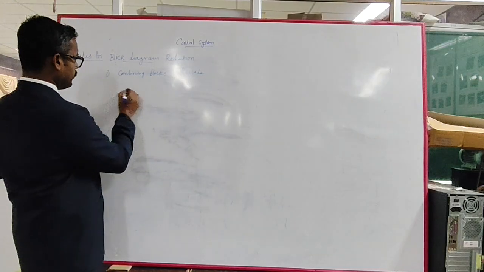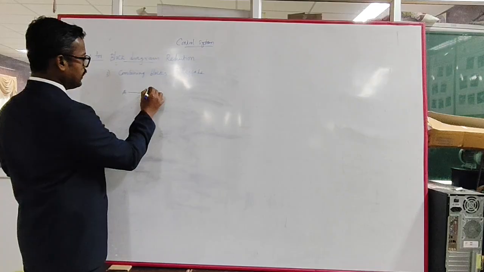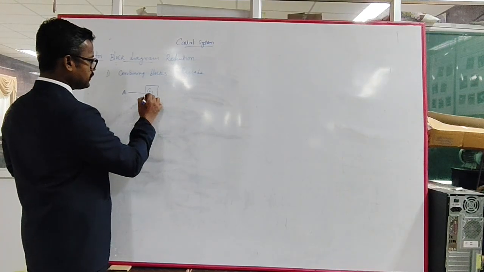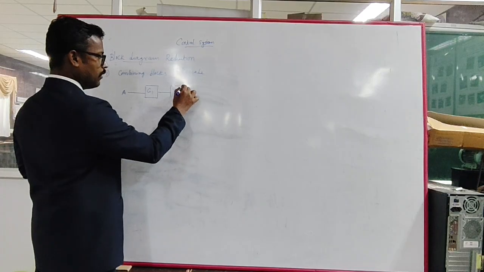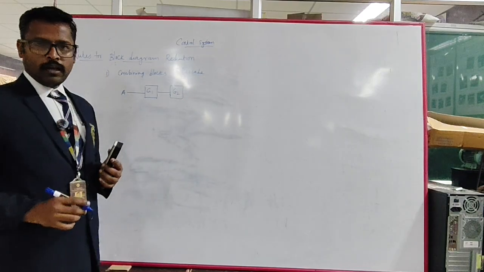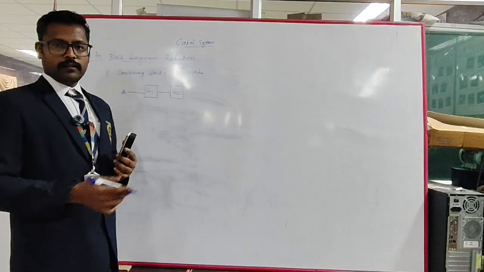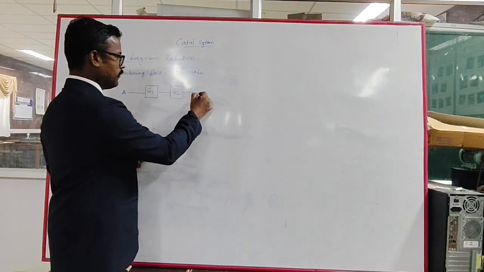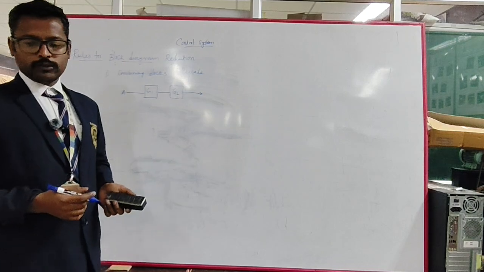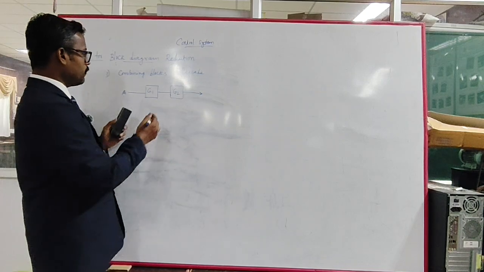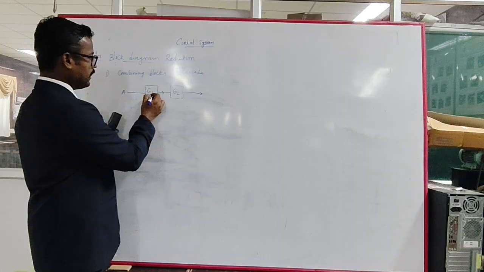We take A as a signal and it is given to the first block with a gain G1, and again it is given to the second block G2, and the signal is then given to some other part of the control system. The output of block 1 is A into G1.